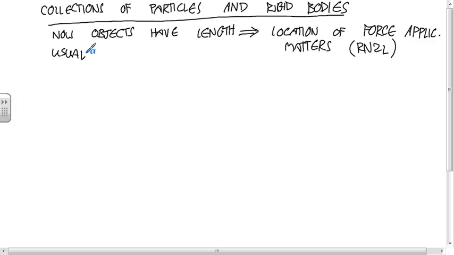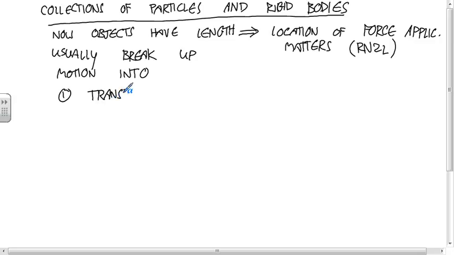Usually, we're going to break up the motion of rigid bodies into a translation of the center of mass and the information about this translation is going to come from Newton's second law.